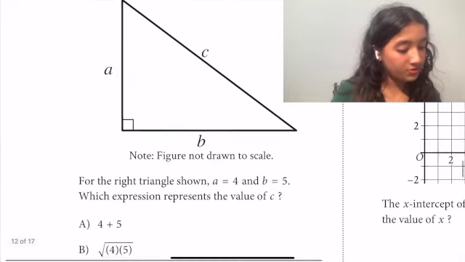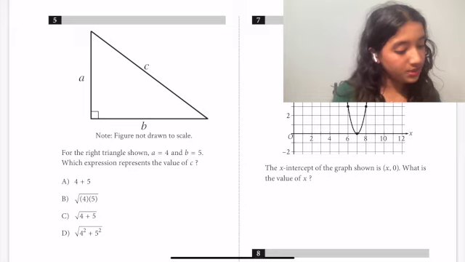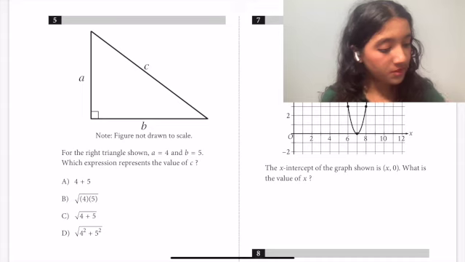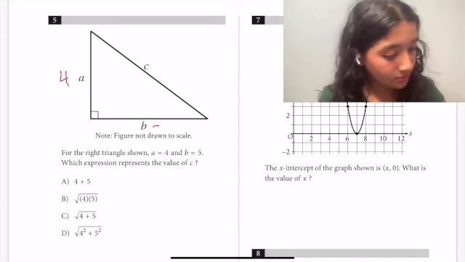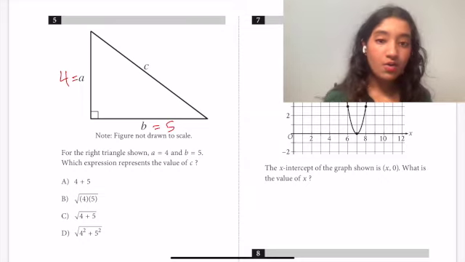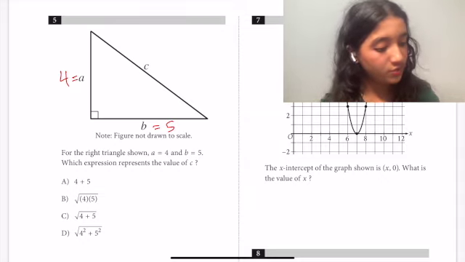Moving on to question 5. For the right triangle shown, a equals 4, b equals 5, which expression represents the value of c? So first we can draw in our values. A is equal to 4, and b is equal to 5, and we want to find the value for c. Well, we can just use Pythagorean theorem because this is a right triangle.